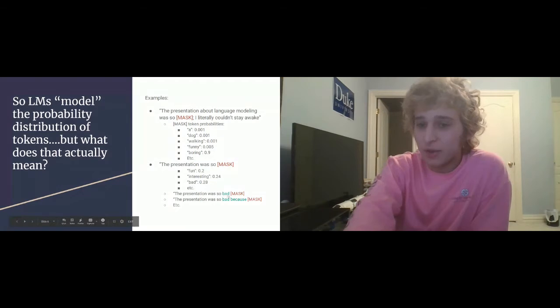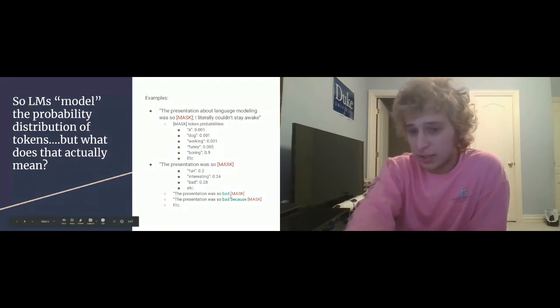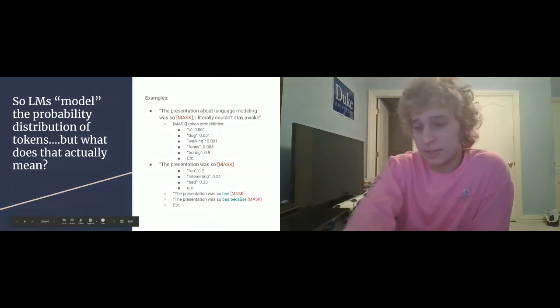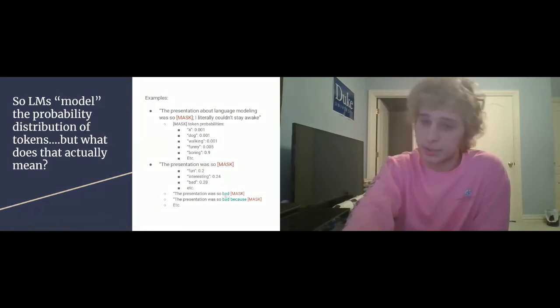So we could add the word "bad" into the sentence and pass this whole new sentence in. It's mostly the same, but with an extra token added: "The presentation was so bad," and then we add a mask token at the end. Now the model is trying to predict what word should go here. But remember, the model supplied this word itself, so to some extent it's using its own output as its own input.